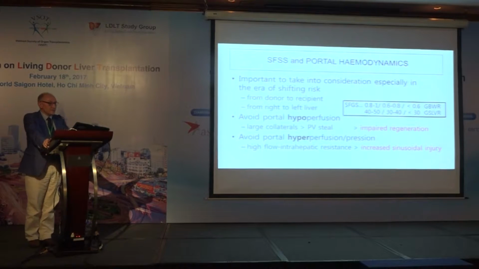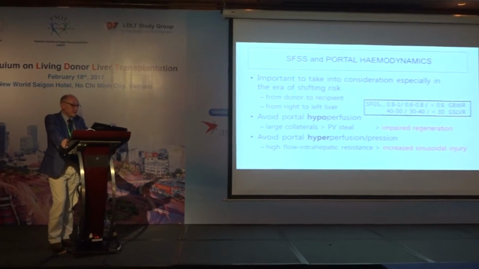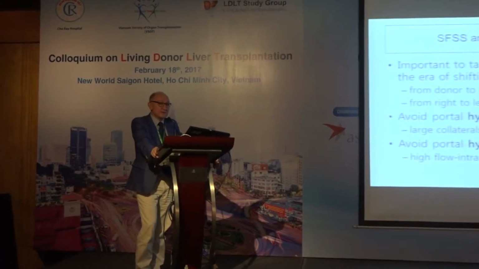So these portal vein hemodynamics are more important if we shift our risks in this procedure from the donor to the recipient. This means implanting left livers instead of right livers. And two things should be looked at: the hypoperfusion of the graft and the hyperperfusion of the graft. And we know that the smaller is your liver, the more important these elements are.